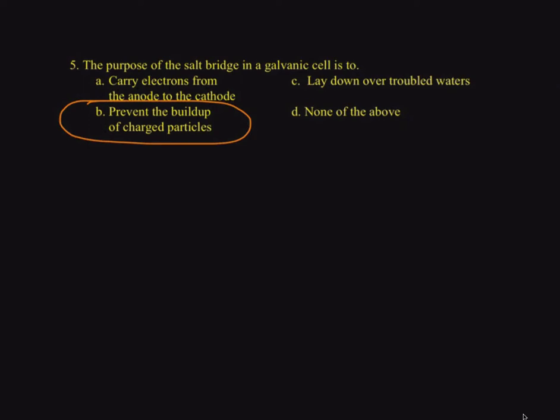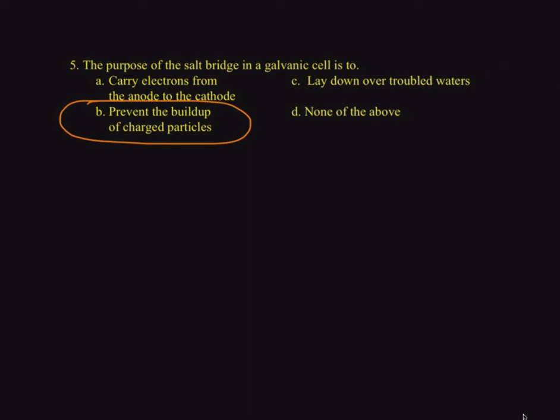As positive ions are removed from the solution around the cathode and added to the solution around the anode, you can get a buildup of particles that are either positively or negatively charged on either side.